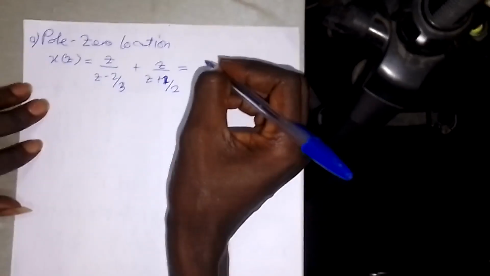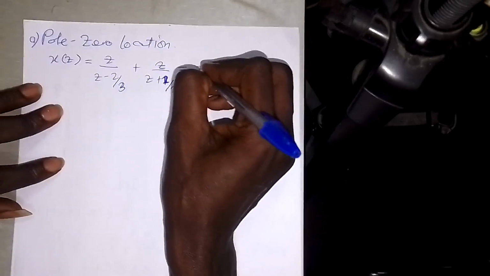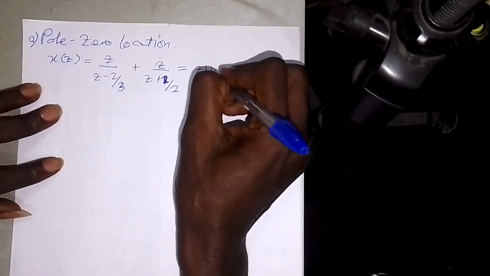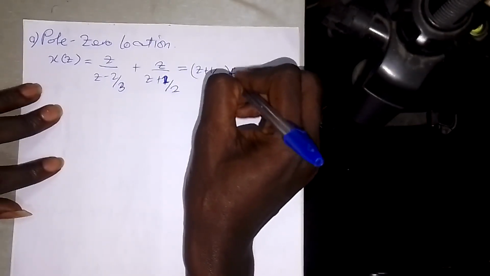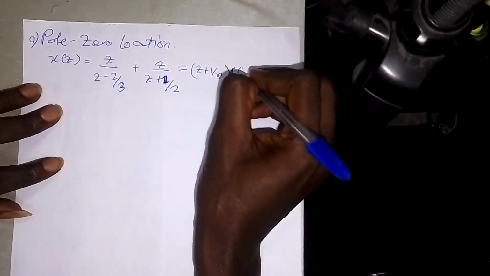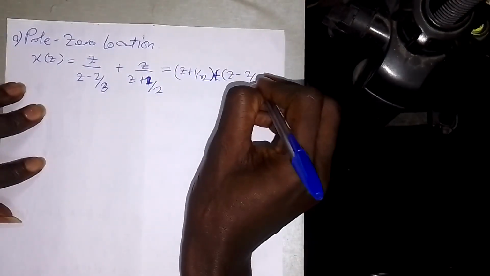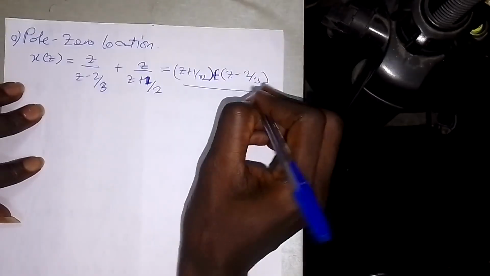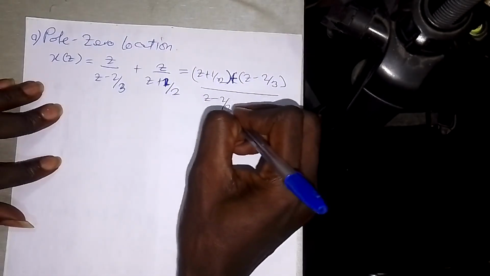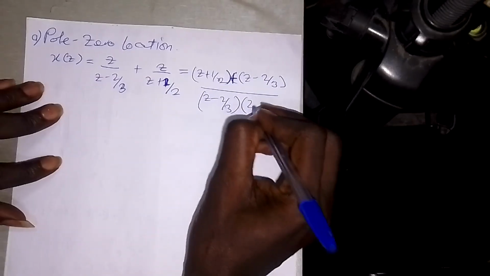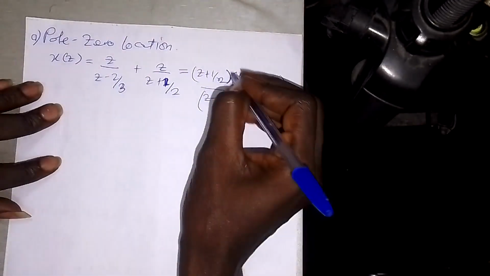So this one, if we multiply, then we're going to have z plus 1/2, plus z minus 2/3, all over (z minus 2/3) times (z plus 1/2). So this is what we're going to have here. Please, here is plus.